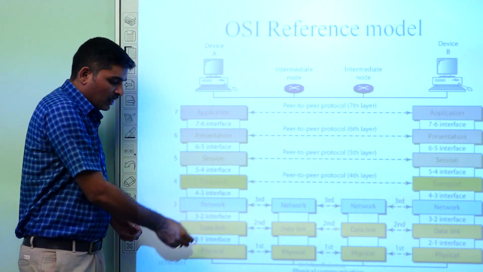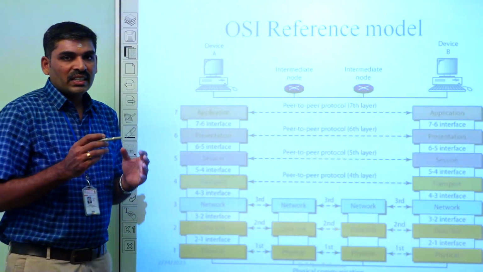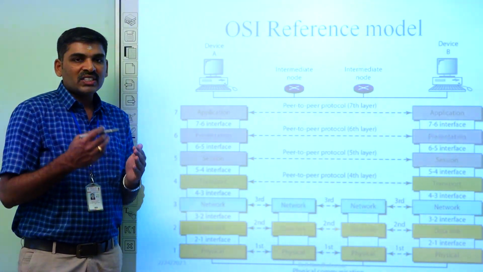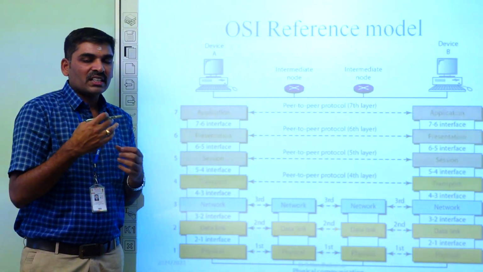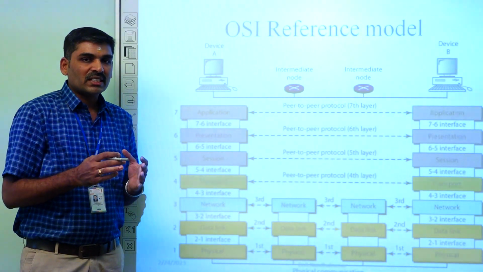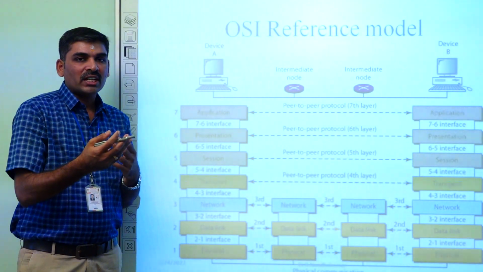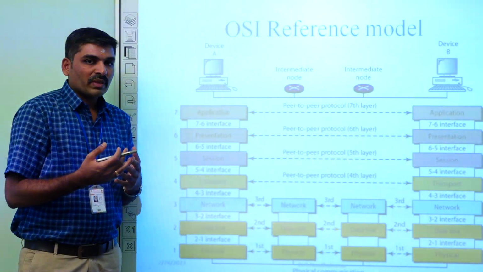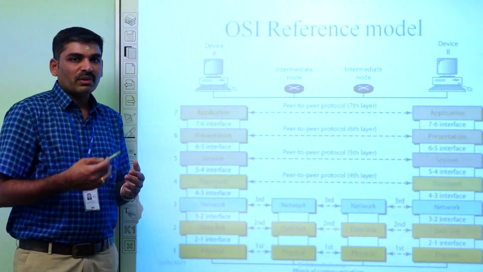So here the first layer, the physical layer, its main responsibility is that it takes the information as bits and checks whether it is synchronous or asynchronous, and how the data is going to be transferred, whether it is simplex communication, half duplex communication or full duplex communication. That is, whether they need acknowledgement from the receiver or not. All those things will be checked by the physical layer, and it checks the bandwidth.